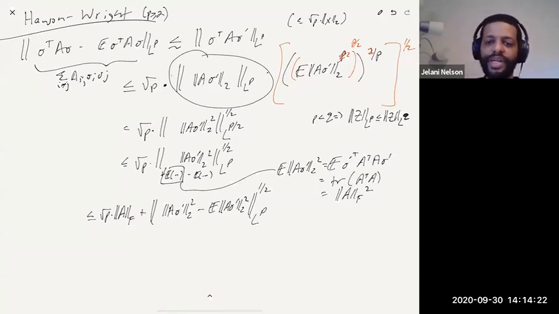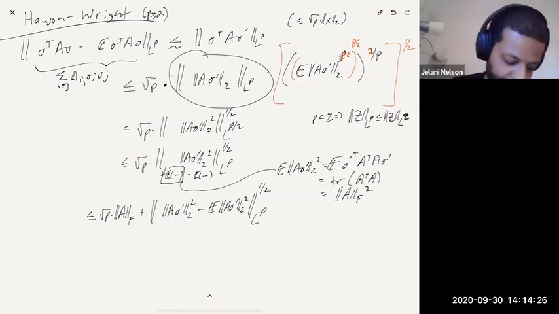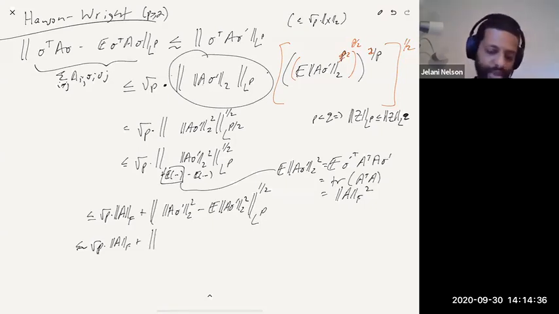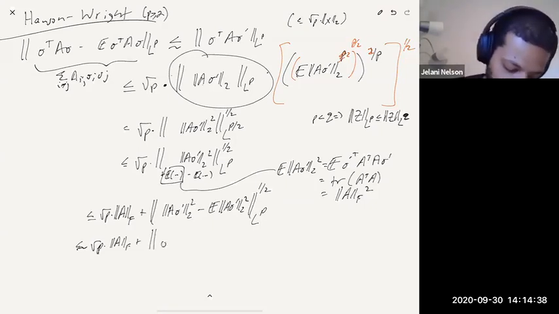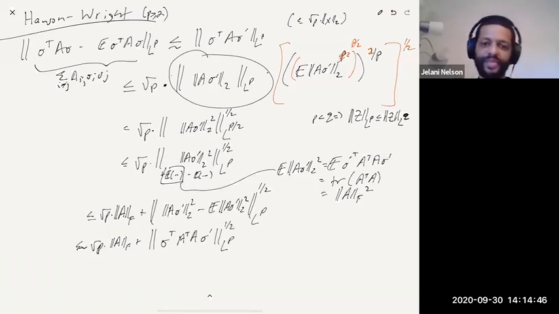And now what I can do is, again, apply decoupling. I can say that this is at most, up to a constant of 4, root P times the Frobenius norm plus, decoupling says I can put here, sigma transpose A sigma prime LP to the 1/2.